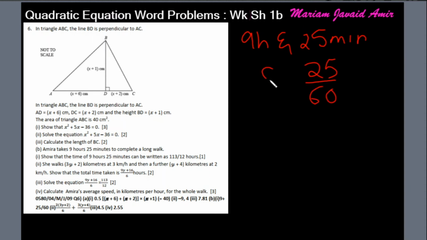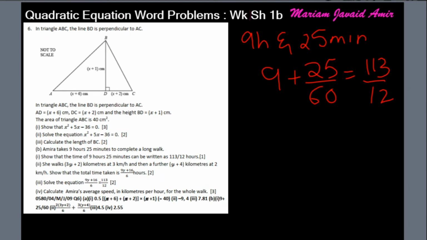So now we have 9 hours plus 25 over 60 hours. If you have the newer versions of the calculator, you can simply add these and get 113 over 12. Otherwise you'll have to take the LCM first and then simplify and get to this answer.